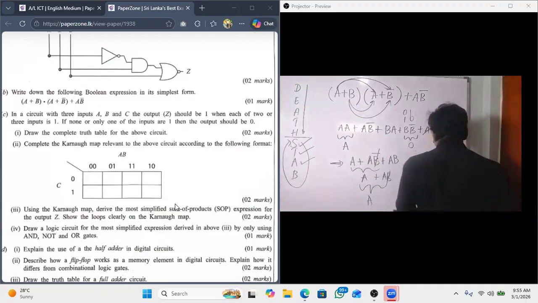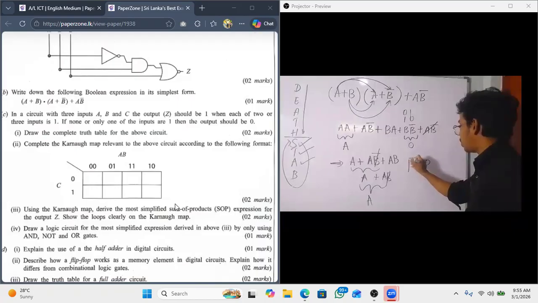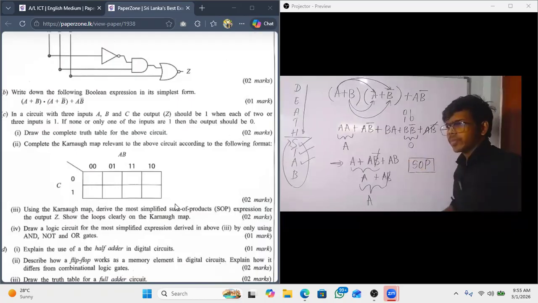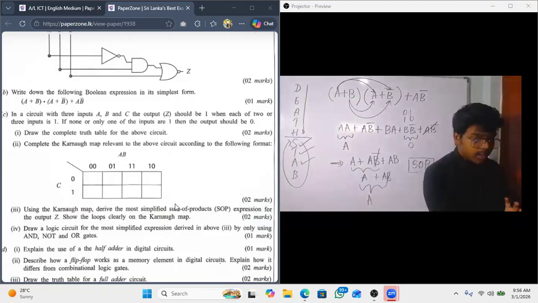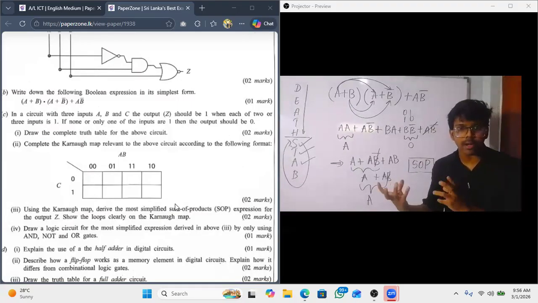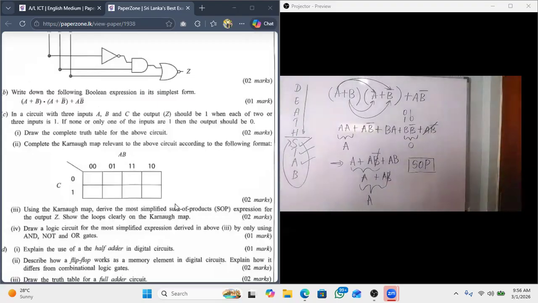Find the correct SOP for that question. First, I will give you 2 minutes. How to find the correct truth table from the paragraph? That is the concept we are going to learn today. How to find the correct truth table by reading the paragraph correctly. And now try.